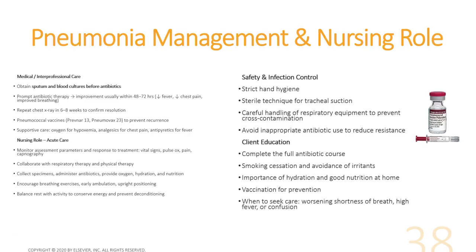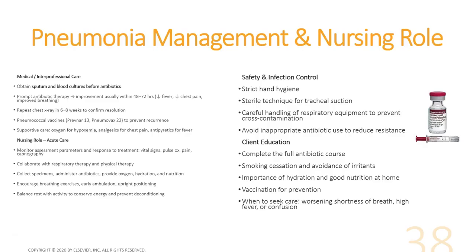Once the patient's starting to feel better, if they're on the verge of going home and we're sending them with a PO antibiotic, the provider may actually request them to get a repeat chest x-ray within 6 to 8 weeks, just to confirm that the infection has resolved. They'll probably especially do this in the population that is a higher risk, like geriatrics and those who already have chronic lung conditions.